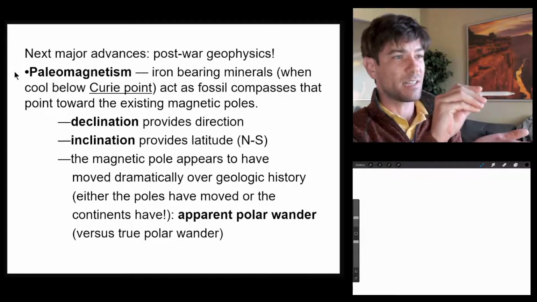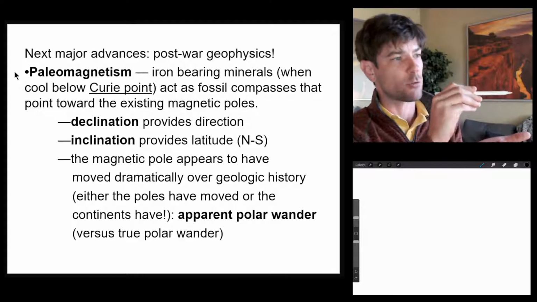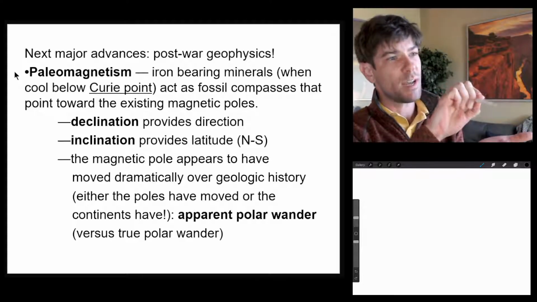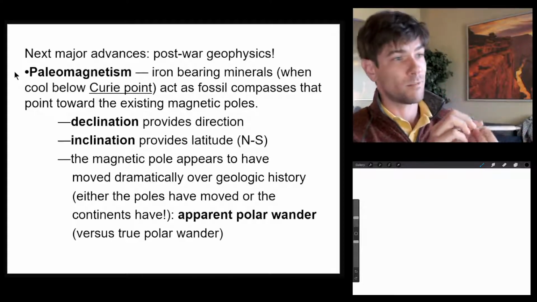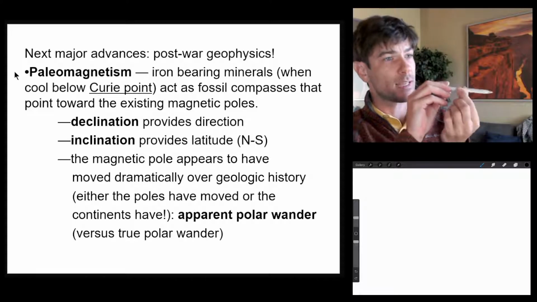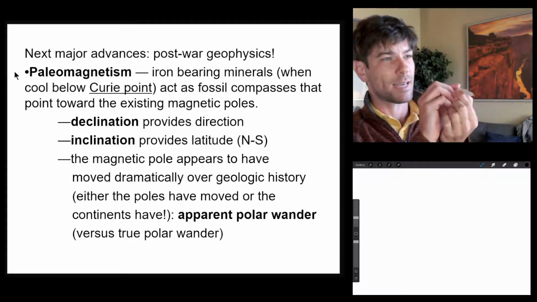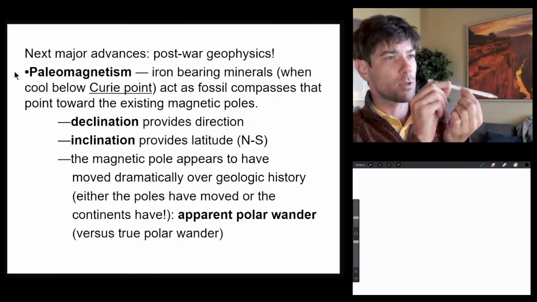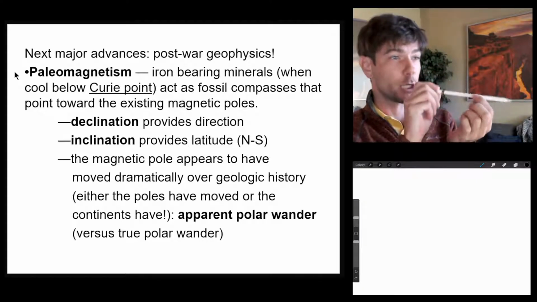That's known as the declination, all right? It provides a direction. But there's another property of a compass needle that you might not be aware of, and it's called the inclination, all right? So just like the compass needle points like this, north and south, it also moves like this, up and down. The slope or the inclination changes.